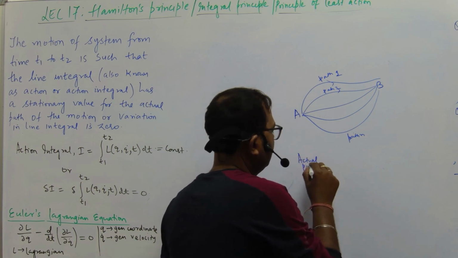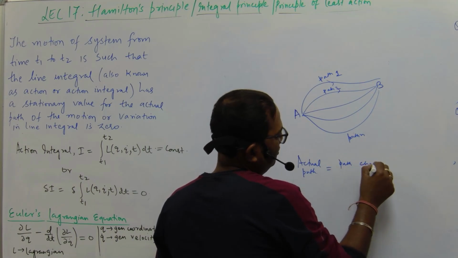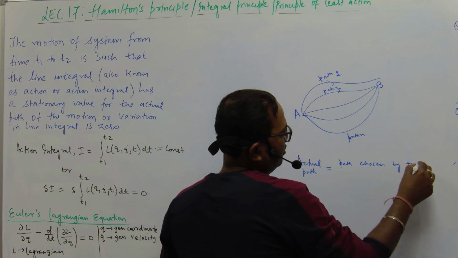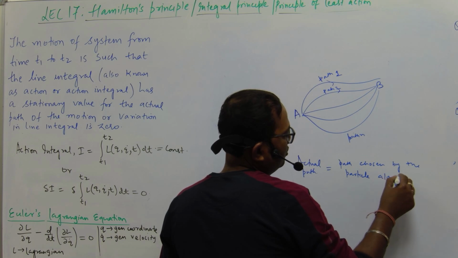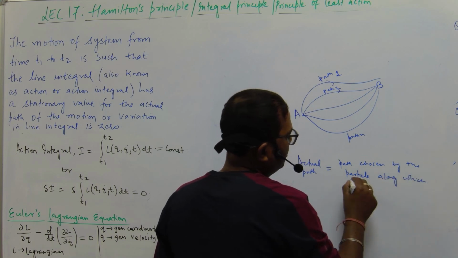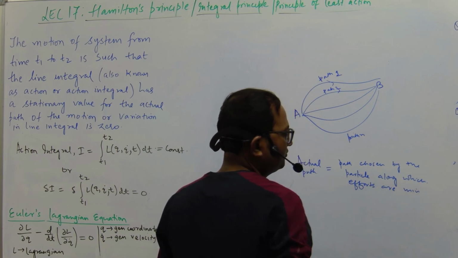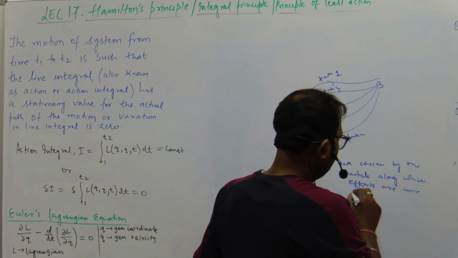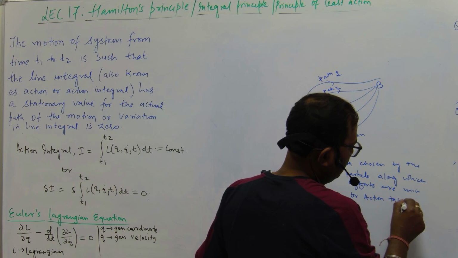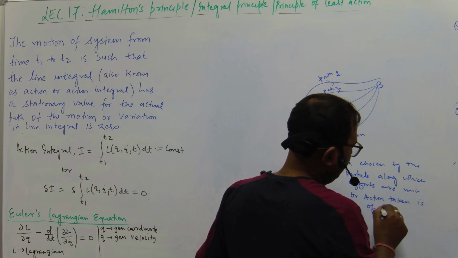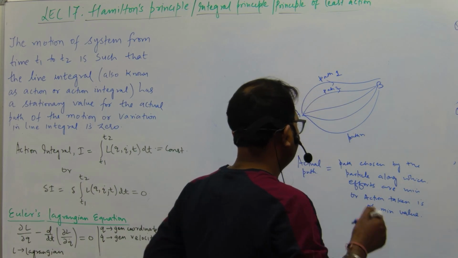Actual path is the path chosen by the particle along which efforts are minimum, or action taken is of minimum value. This is our actual path.